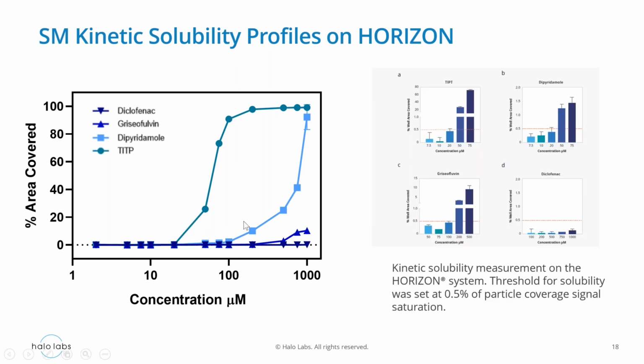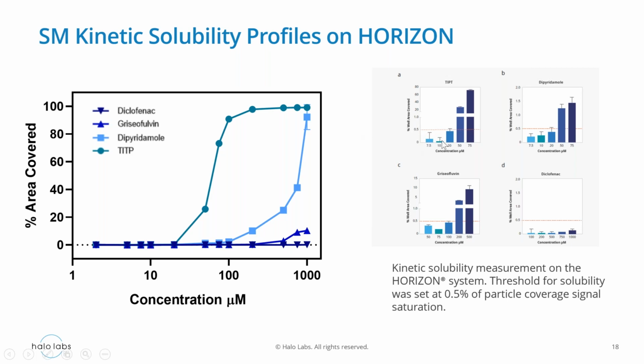If we go into detail here, in this part, where the points are still sitting on the asymptotic level, what we see is that we set up a threshold of solubility. Anything below 0.5% of the area cover is just going to be baseline, right?